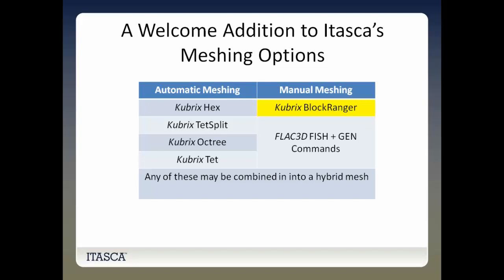That's the dynamics that keep us working as engineers, that you can improve things. You could always use KUBRIX auto meshing for doing everything, but it's not the appropriate tool in some cases, and BlockRanger will be the right tool. And of course, there's always Flag3D, the fish command, and also the 2D extruder that is available in Flag3D, which is a useful tool for a large class of applications.